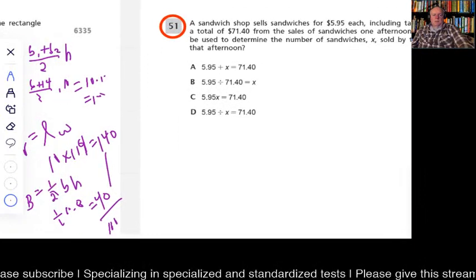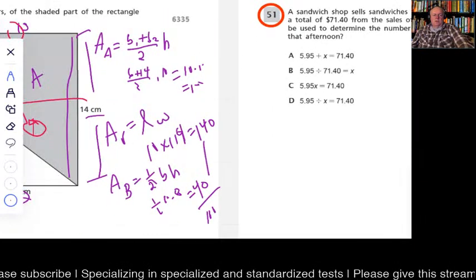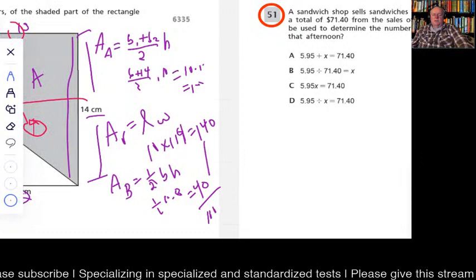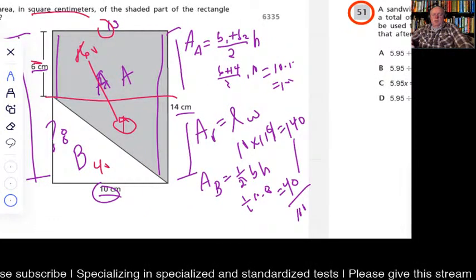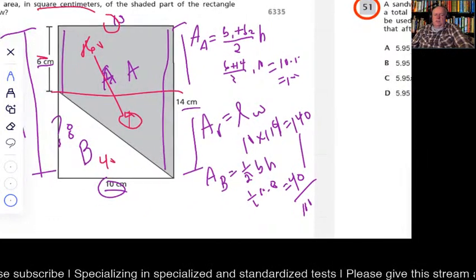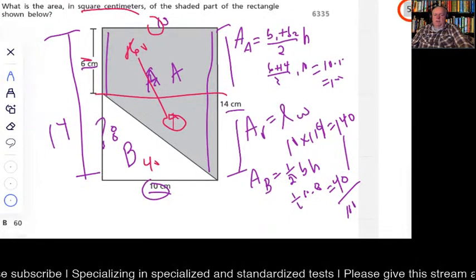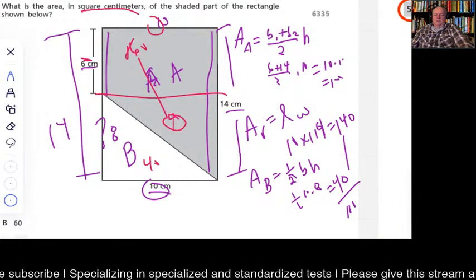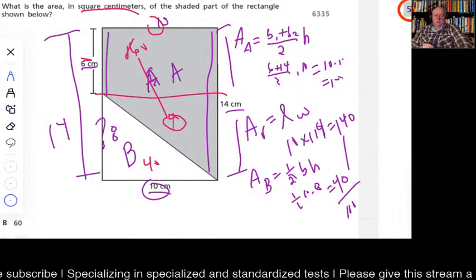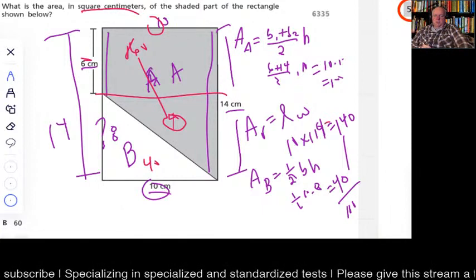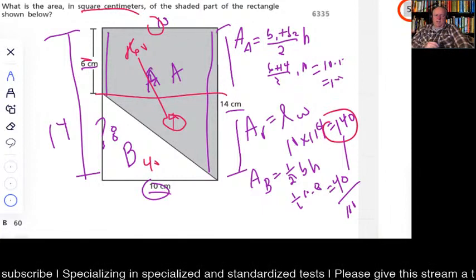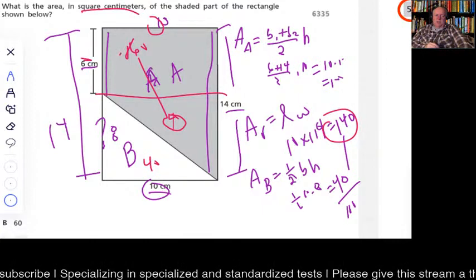And by the way, just to get back to our numeracy considerations, if we know the area of the whole rectangle, it was 14 times 10, or 140. We wrote that here before. And it's asking what is the area of the shaded part here.